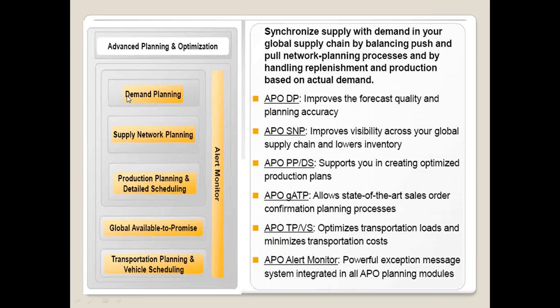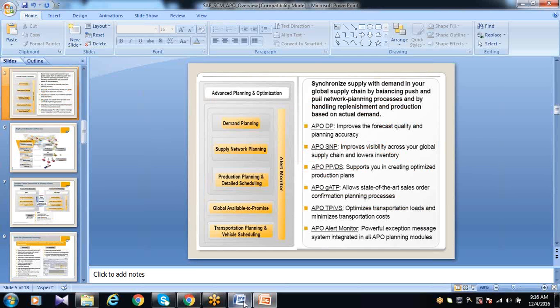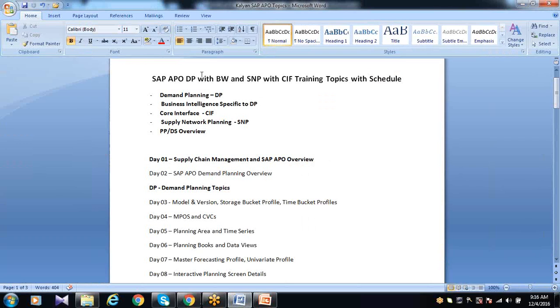Technically now I can say in APO, DP, SNP, PPDS and GATP, these are the 4 modules in the market. And in these 4 modules, 75% of the demand, the job openings in the market, is for the DP and SNP combination. Normally how will your job requirement, the JD, come?